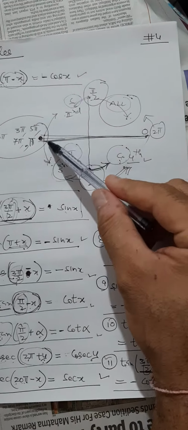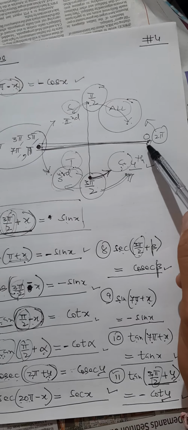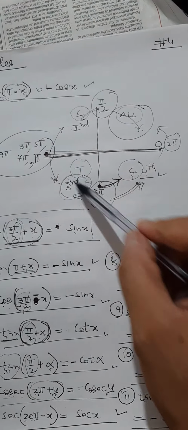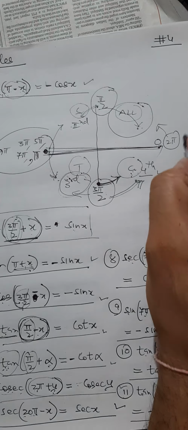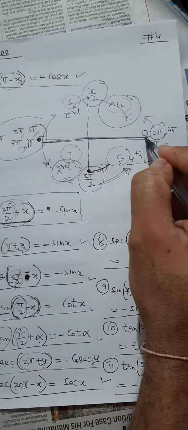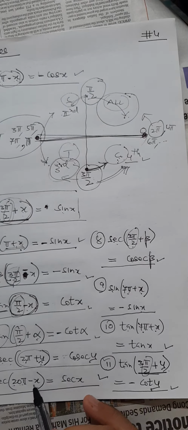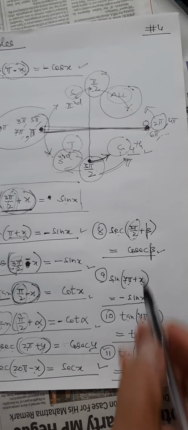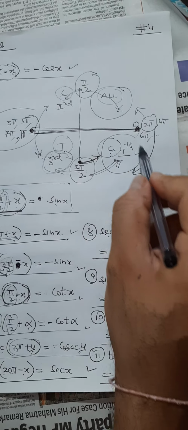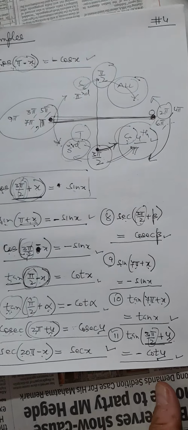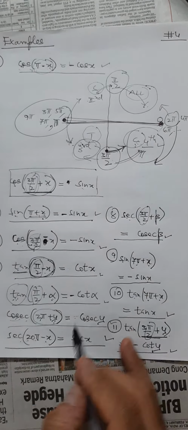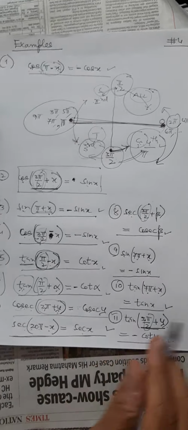Your rounds are not important here: 2 pi, 4 pi, 6 pi, and so on. 20 pi is here. Minus means you will move clockwise, so from here you will move in this direction. Which quadrant will it fall in? Fourth quadrant. In the fourth quadrant, what about sec? You know cos and sec are positive, so the answer is sec x only.